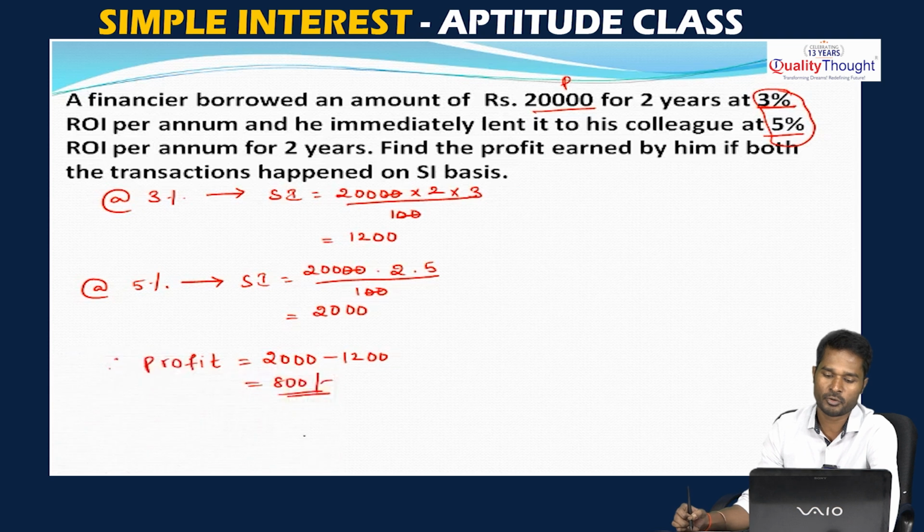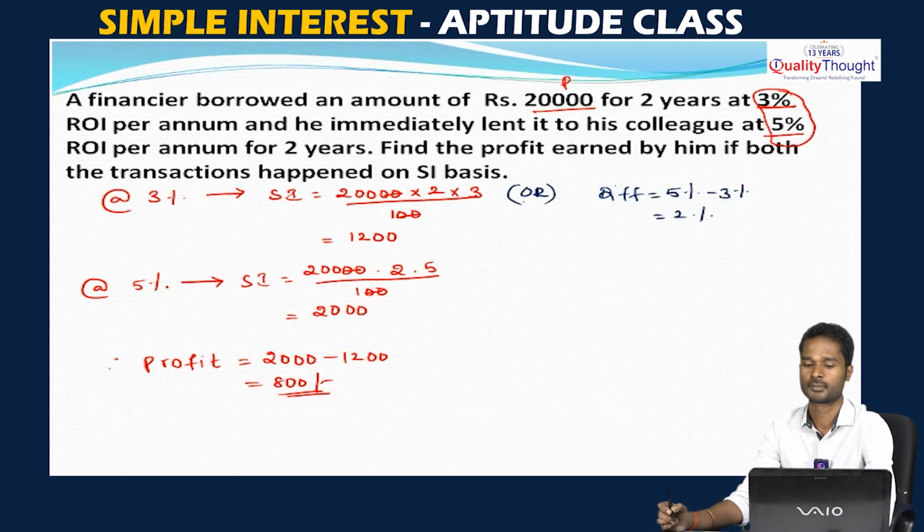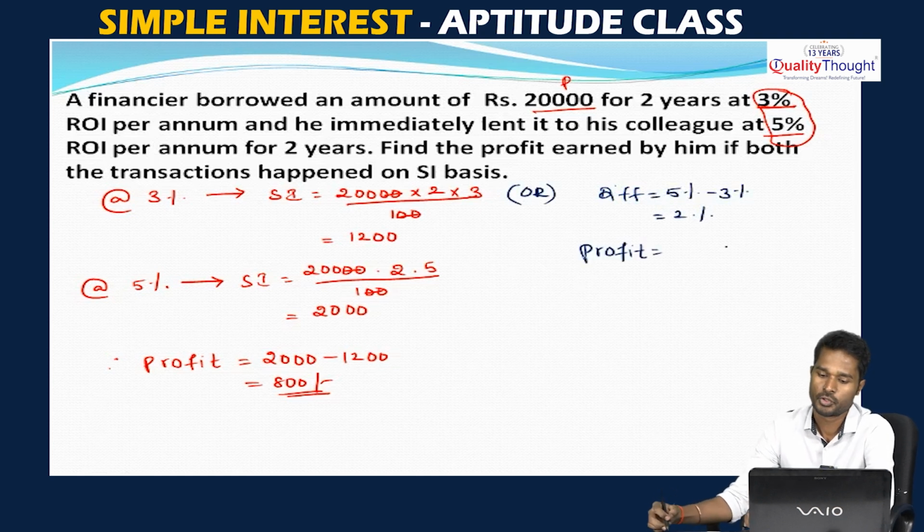Or we can solve the same question here. See, we calculate the difference between the rates of interest, which is 5% minus 3%, which is 2%, and that is the profit he will get. So, the profit is on this 20,000 rupees, he will get 2% rate of interest as a profit for 2 years, by 100.